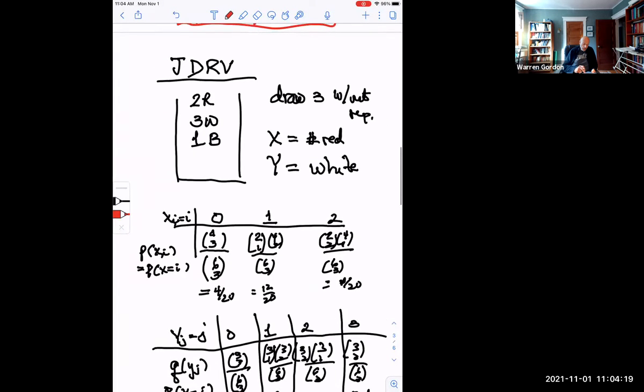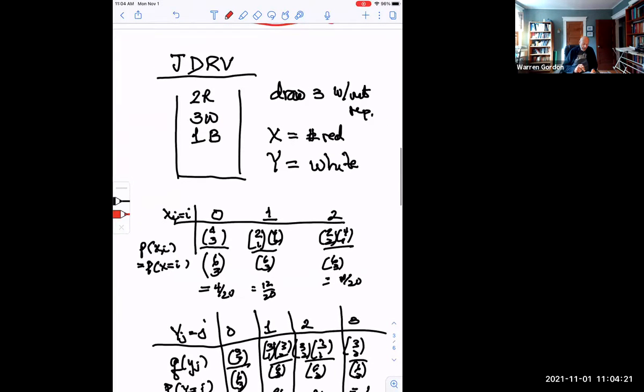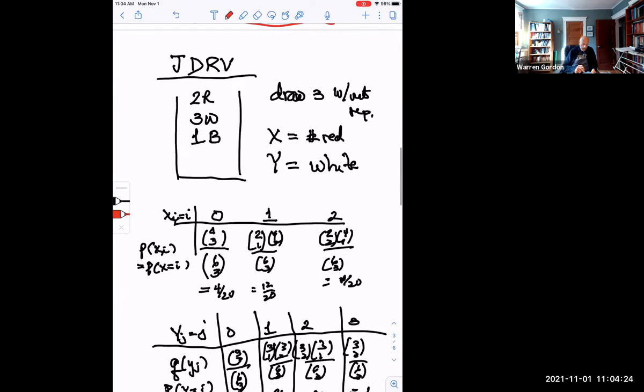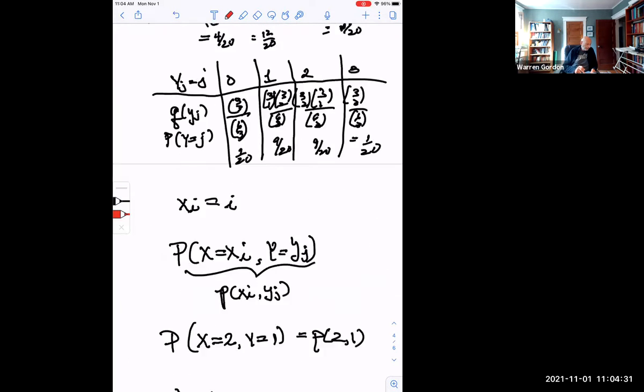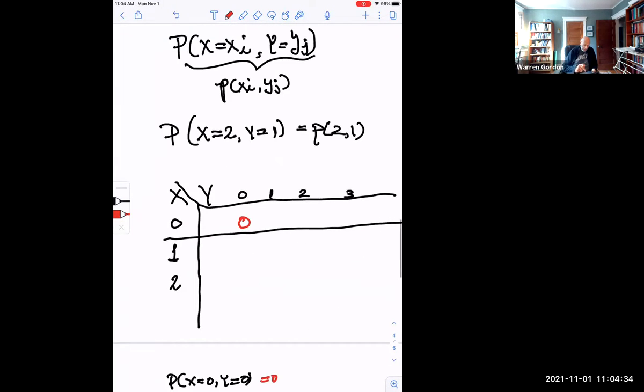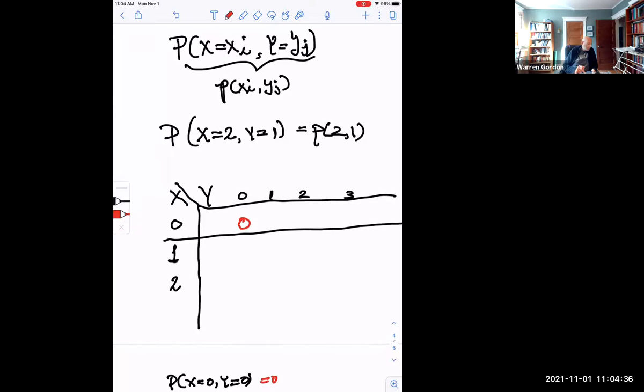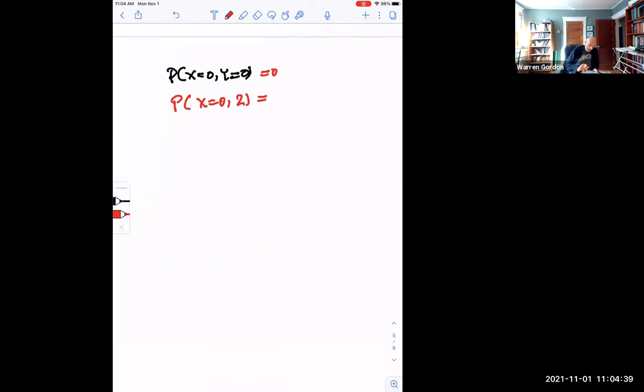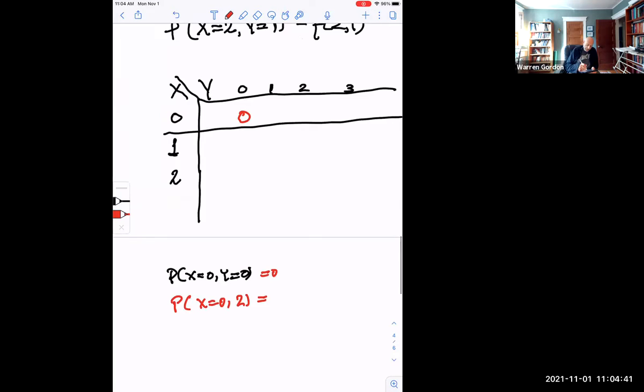If X is 0 and Y is 2, it means I'm drawing 2 whites from the 3 whites. So from the 3, I'm drawing 2, and from the other remaining one, I'm drawing 1, divided by the total number of ways, which is 6 choose 3.